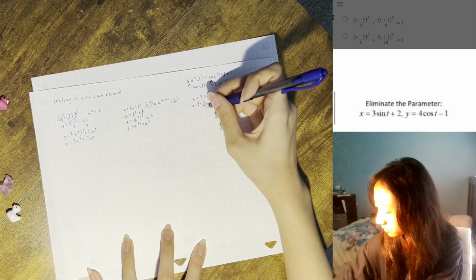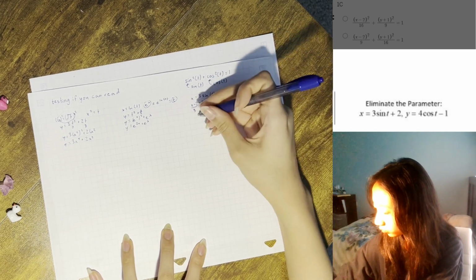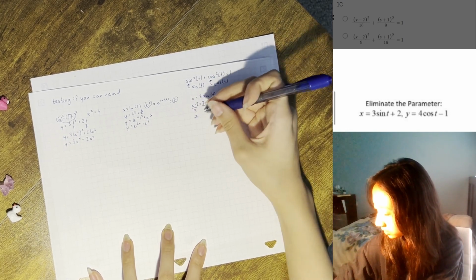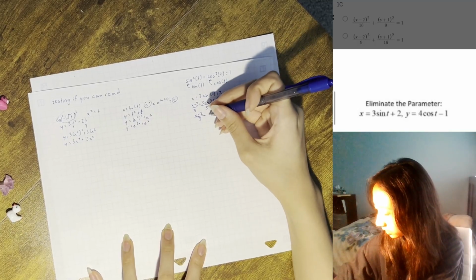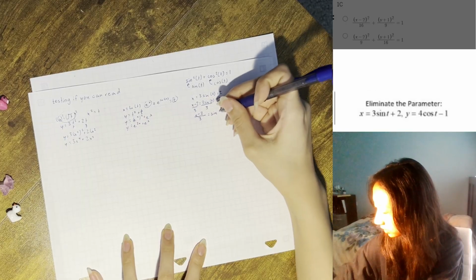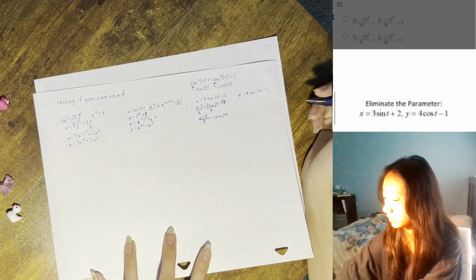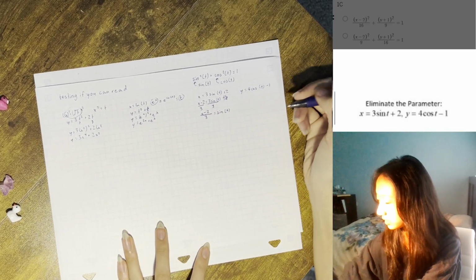And then we can divide both sides by 3, and what we get is x minus 2 divided by 3 is equal to sine of t. And if you don't get that, go ask ChatGPT how to do algebra.